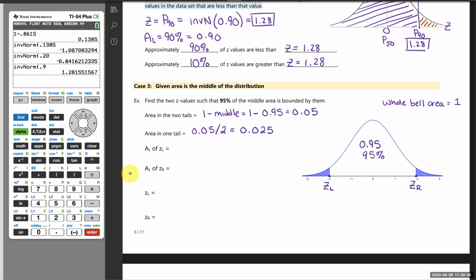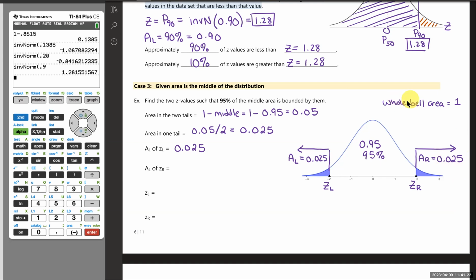So the area to the left of the z-score on the left is 0.025, and the area to the right of the z-score on the right is 0.025.